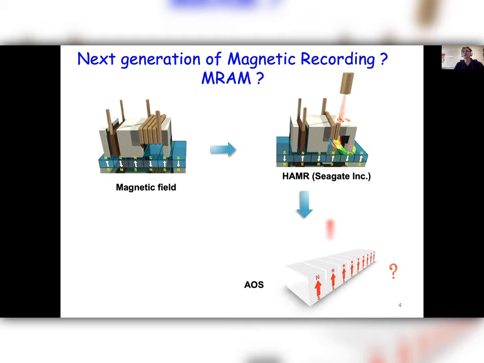Here it's for heat only, but we will see that using all optical switching, which we will discuss, we could imagine being able to reverse the magnetization with light only and no need for a magnetic field, which is, of course, interesting in terms of energy efficiency.